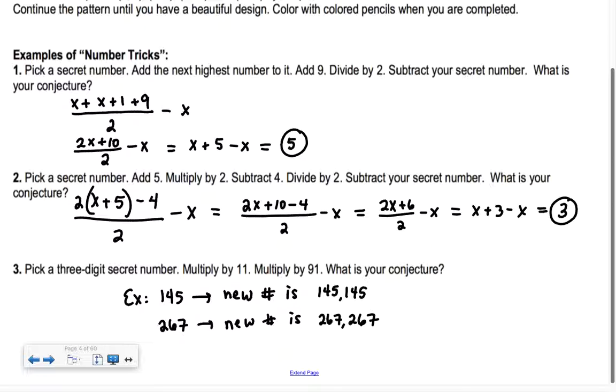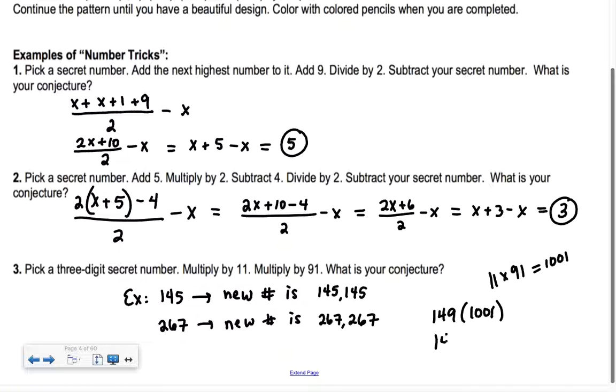Okay. So what do you get when you do 11 times 91? Yeah, we get 1001. So let's go back to our mental math thing that we were talking about. Imagine I have a number, like 149, and I multiply by 1001.